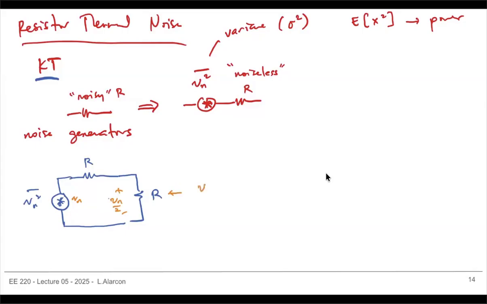This squared, Vn squared over 4, times, or V over R, sorry, V over R times 1 over R, right? And Boltzmann says the energy is going to be equal to kT.